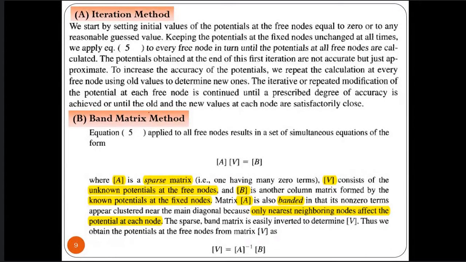We have to find out the potentials of the unknowns, or basically the potentials of the free nodes. So if you separate the potential values that are known and unknown, then you can write down the corresponding set of equations. As I have mentioned, if there are 4 or 5 free nodes, you will get 4 or 5 equations, that means a set of equations. Now that set of equations you can write down in a matrix form.